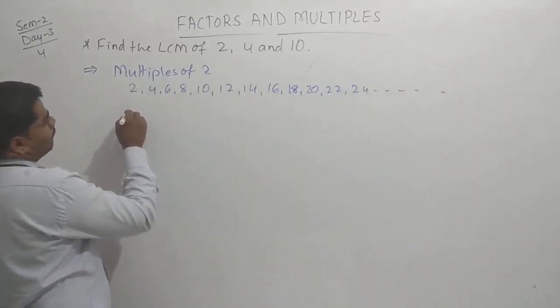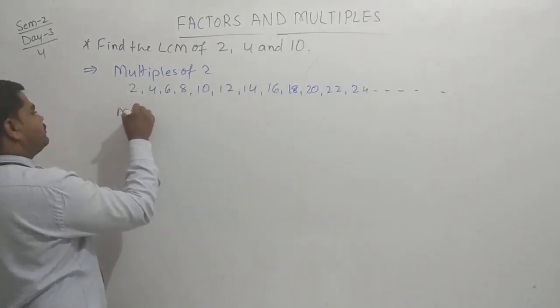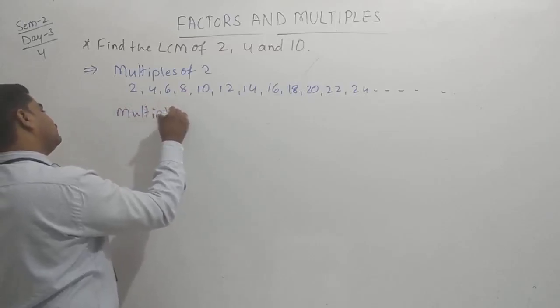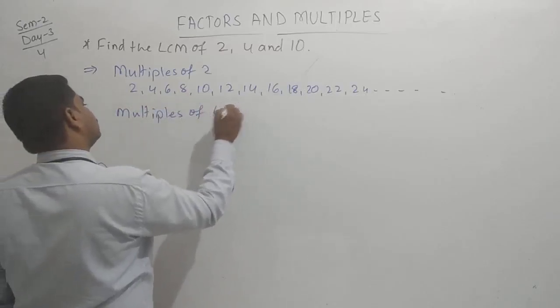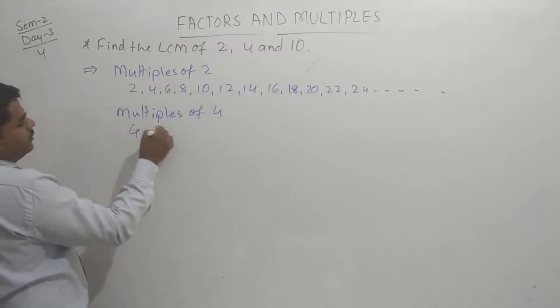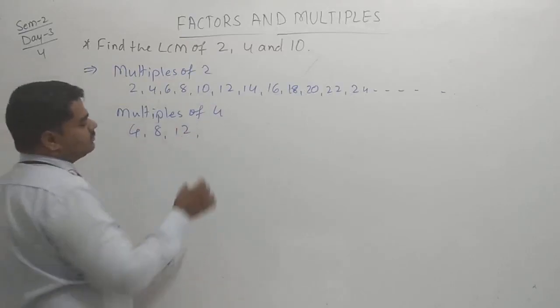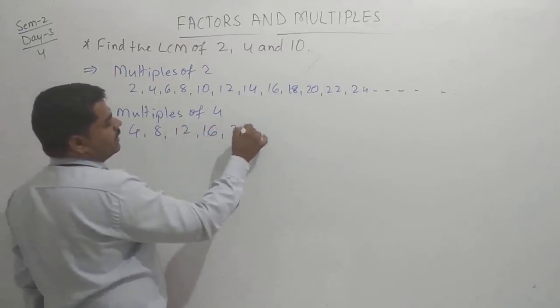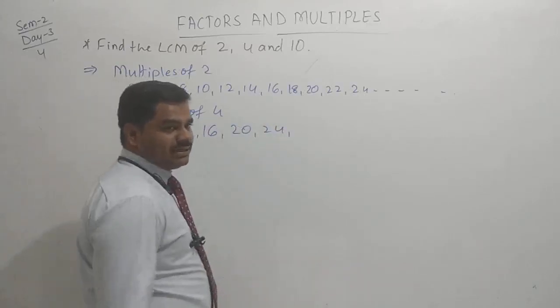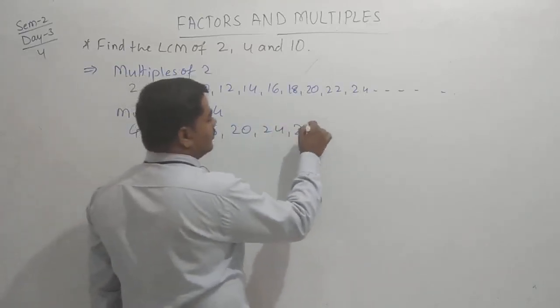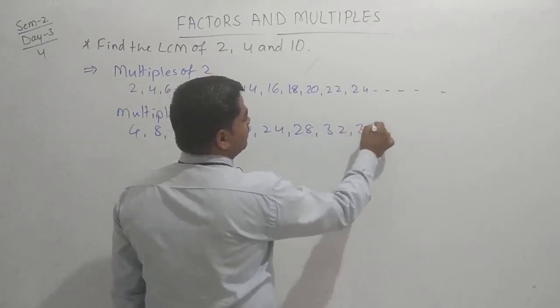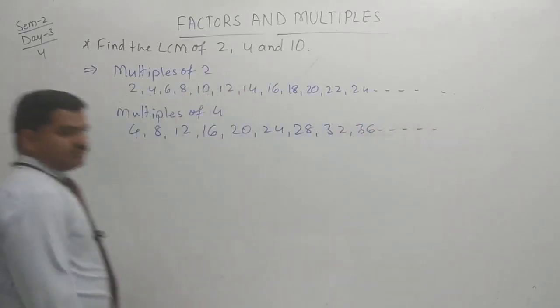Here the multiples of 4: 4, 8, 12, 16, 20, 24, 28, 32, 36 and so on.